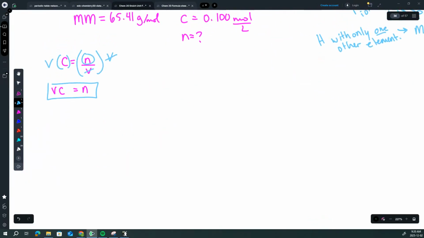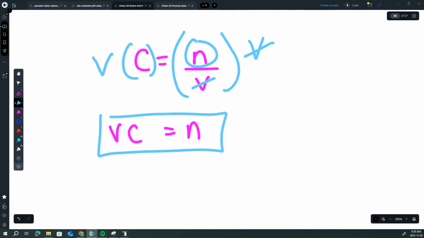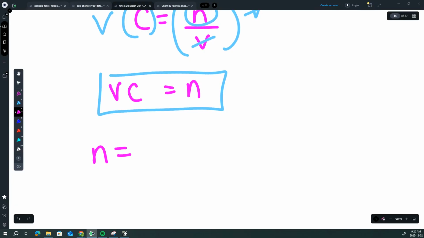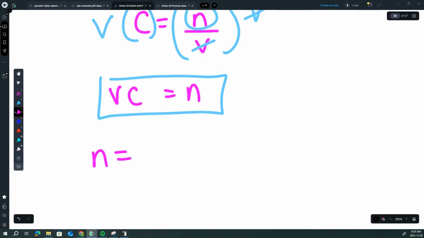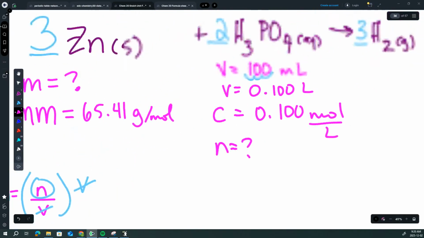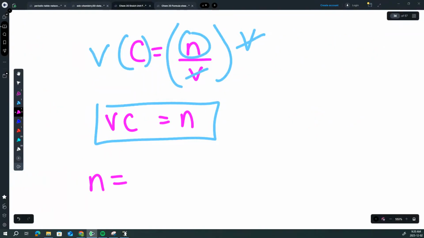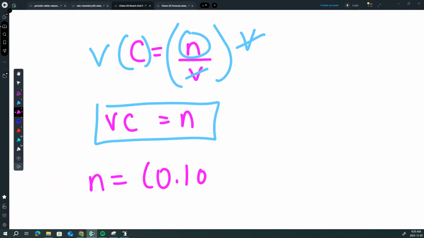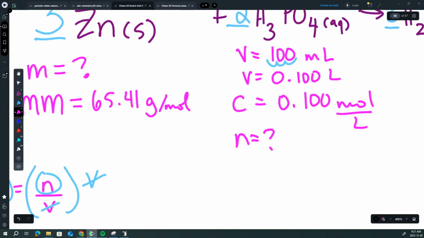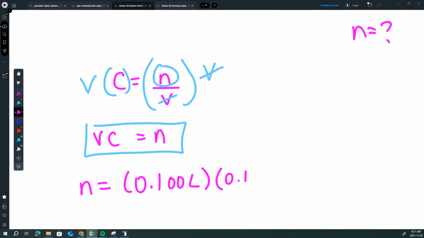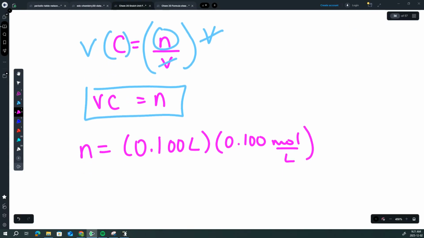All right, how much space do I got? Okay, we're good. So I'm just going to flip around this equation because I like to have my unknown on the left-hand side. Now for volume, we said that was 0.1. And then concentration, that was also 0.1. Notice how liters is in the top and the bottom, so they cancel out.